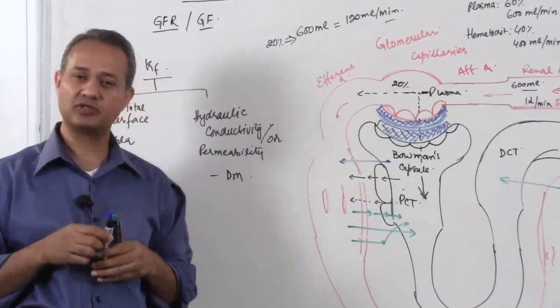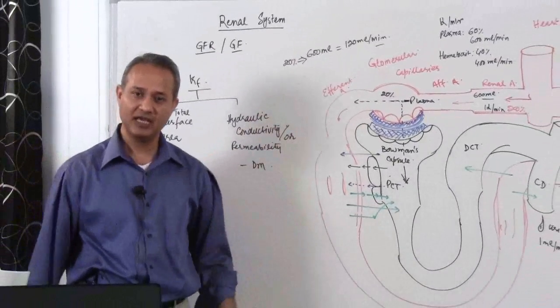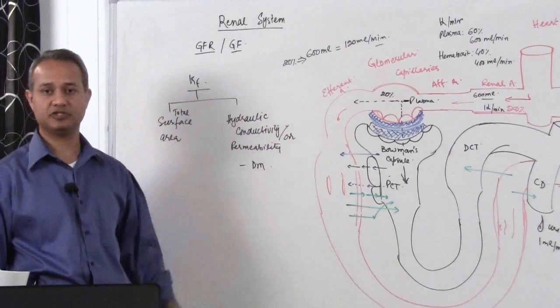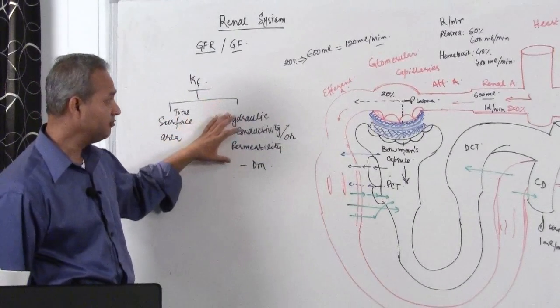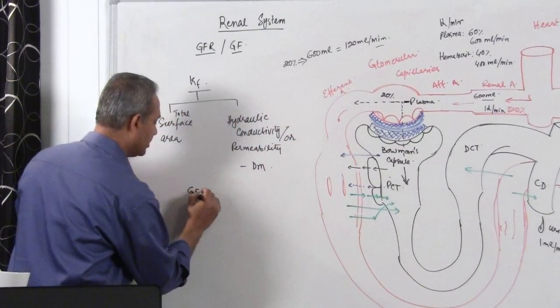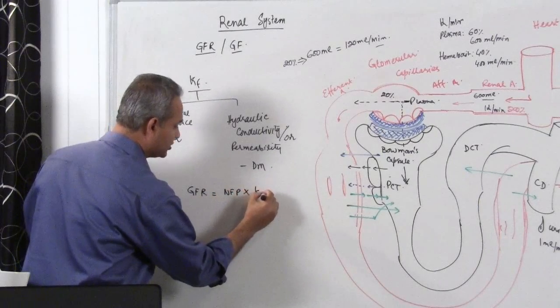So if a patient comes to you who has had diabetes for 10 years, 5 years, in that patient it is fair to think about his coefficient. And this reduced coefficient will mean, so remember, GFR equals net filtration pressure multiplied by filtration coefficient.